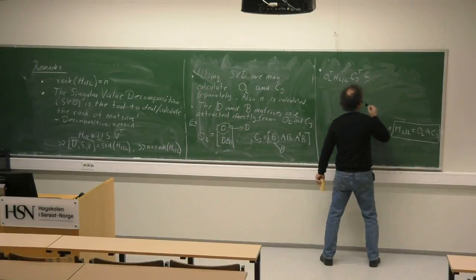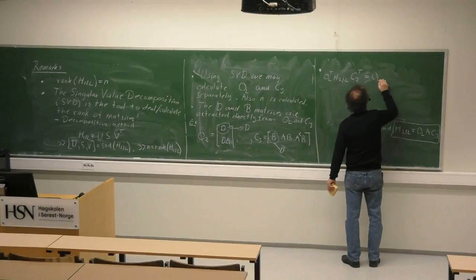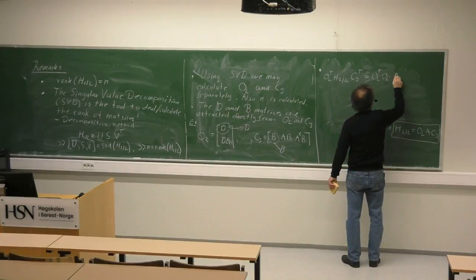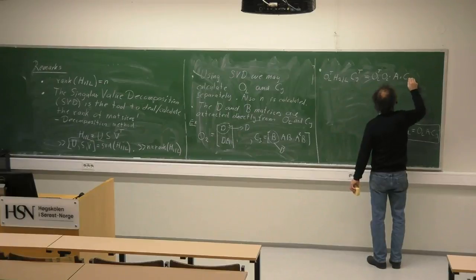This one is then equal to OL transpose times OL times A times CJ transpose.